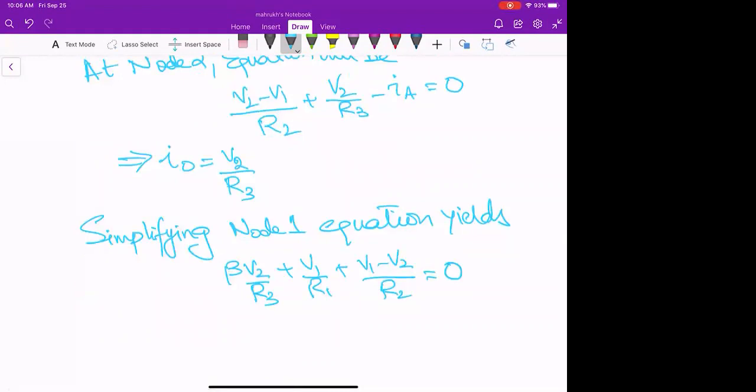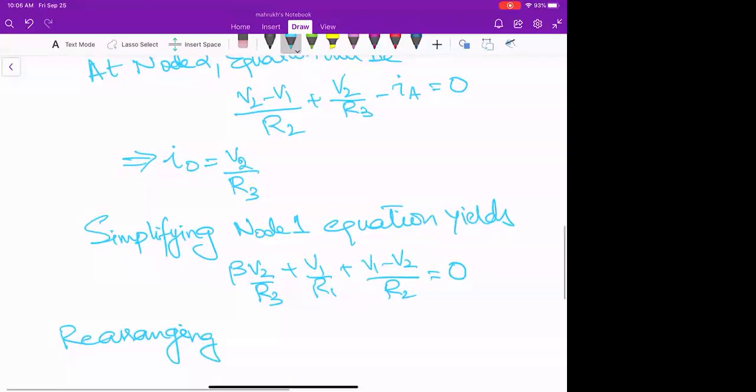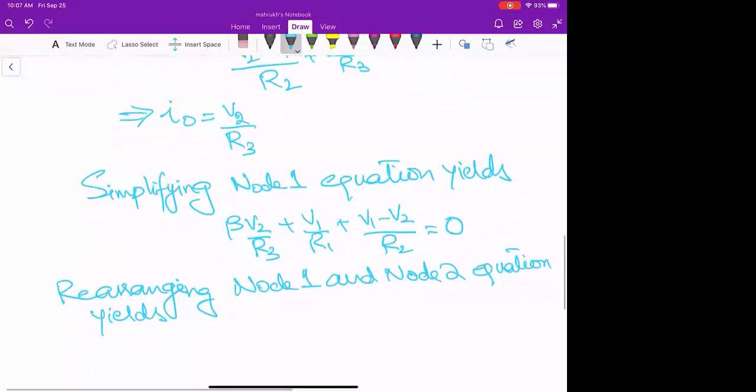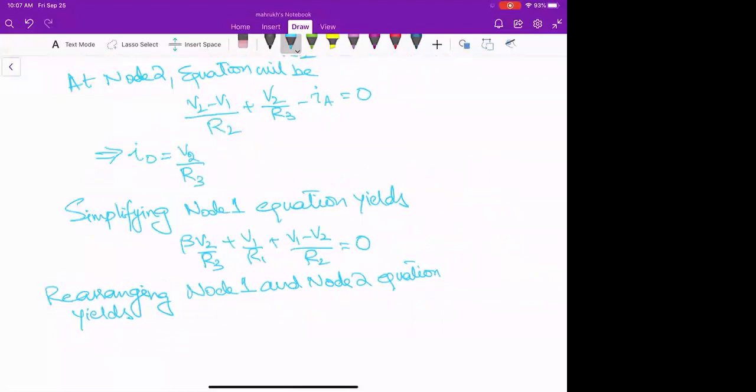So rearranging both of the equations yields. First I will try to rearrange the V1 equation, or this node 1 equation.